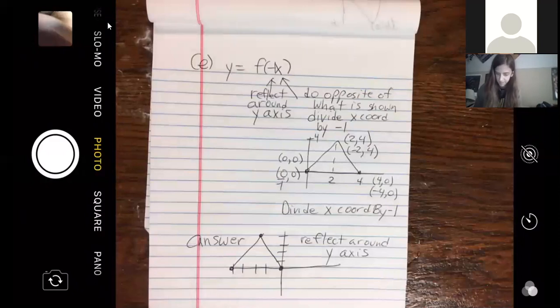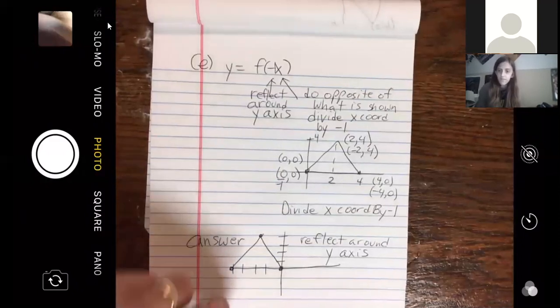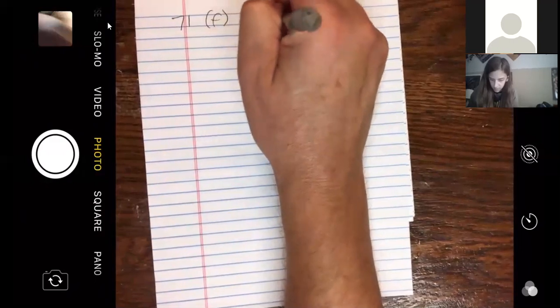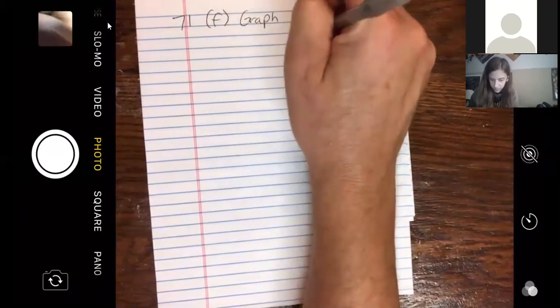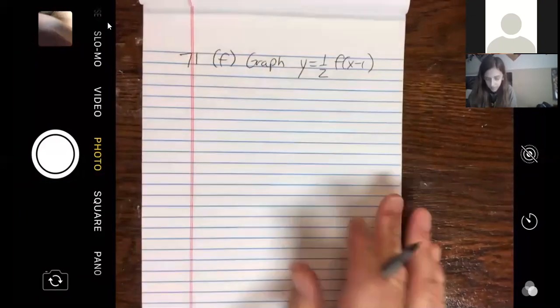Going to be similar to D. You're going to divide the y-coordinate by 2 first and then move it right. So part F, graph 1/2 f of x minus 1. Remember, this is the y-coordinate.